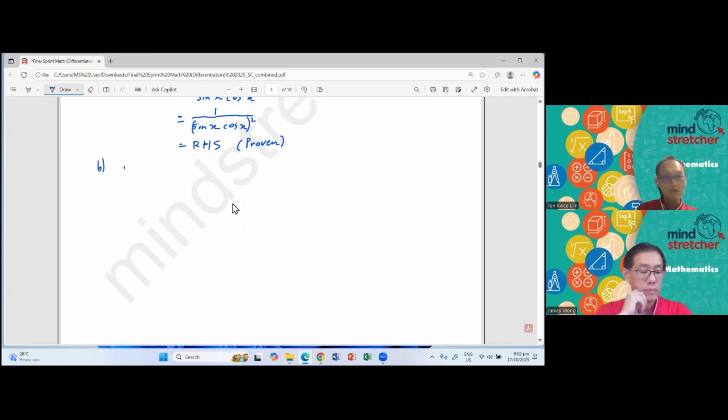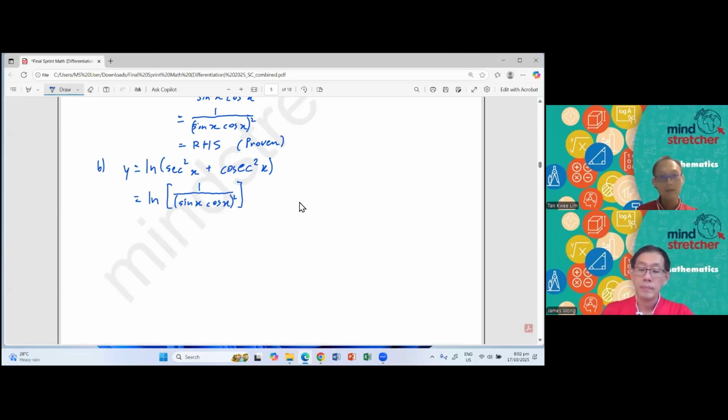Okay, so first of all, y is equal to ln of secant square x plus cosecant square x. This is also equal to ln of 1 over (sine x cosine x) whole thing squared, right? Remember it is a 1 over a denominator.